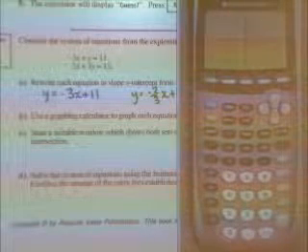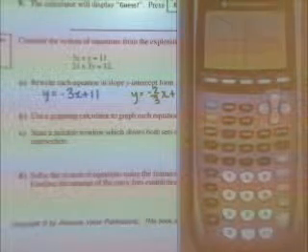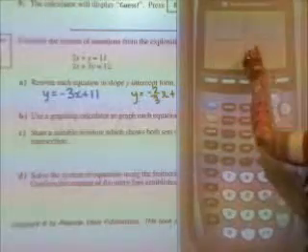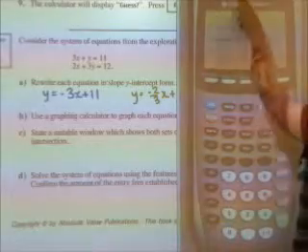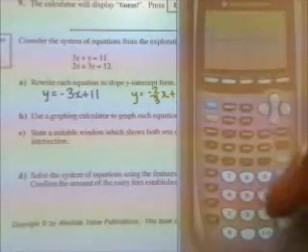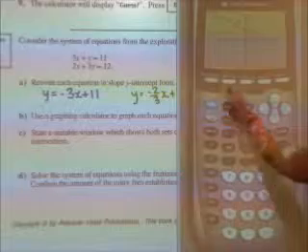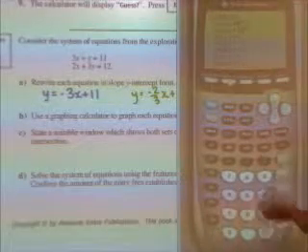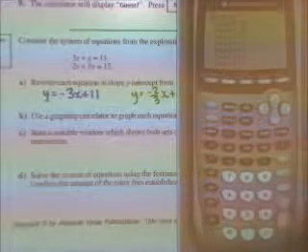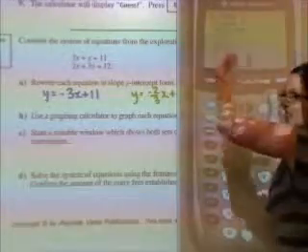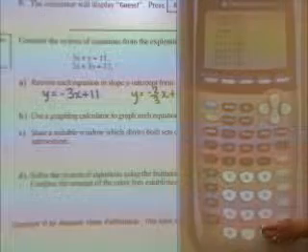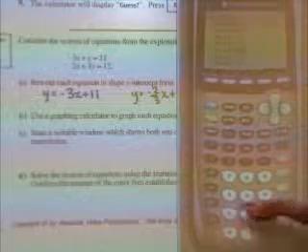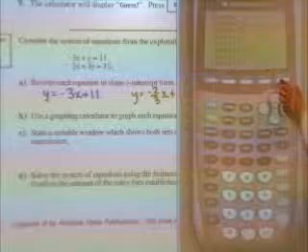So a suitable window setting could be the standard window setting, as long as I can see this intersection point. I may want to slightly make an adjustment so that I can see this intercept, because I can't really tell where it's intersecting up there. So I could get rid of some of my x's because I don't need all of those negative x's. I could get rid of some of my negative y's as well, and then make my positive y's go higher.